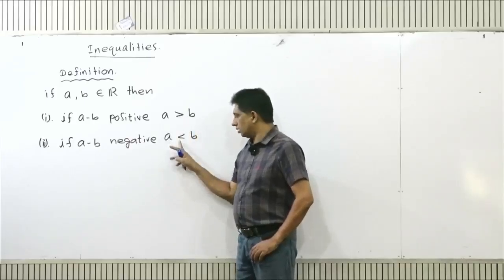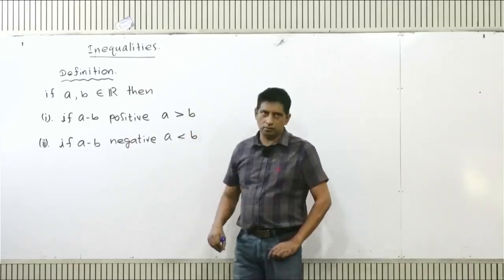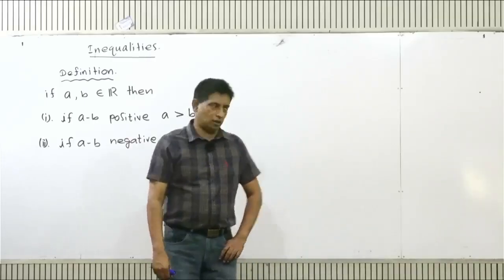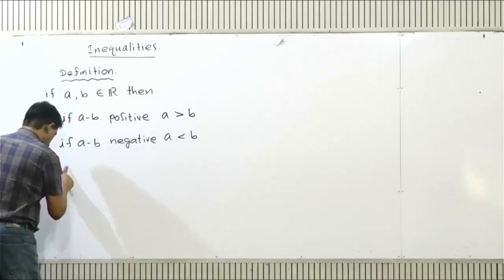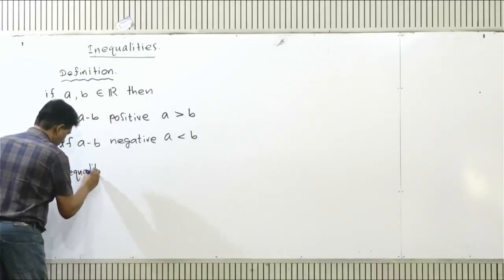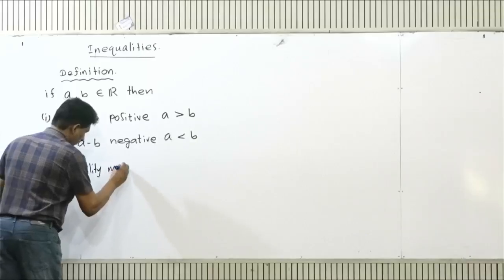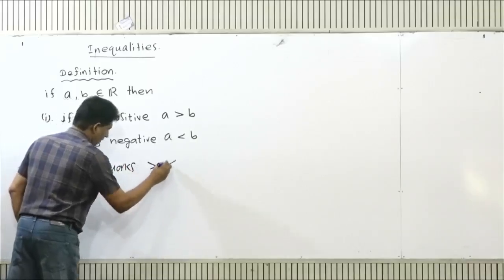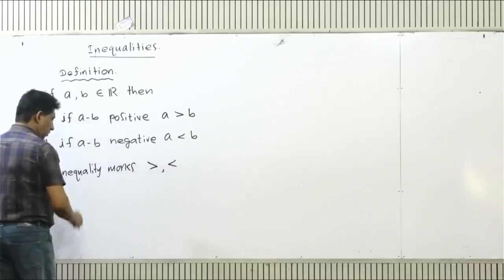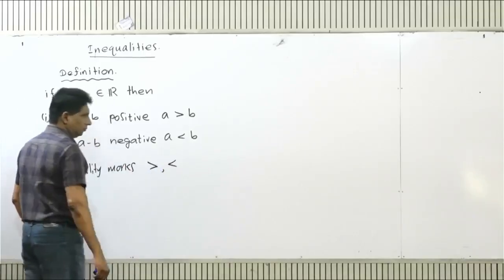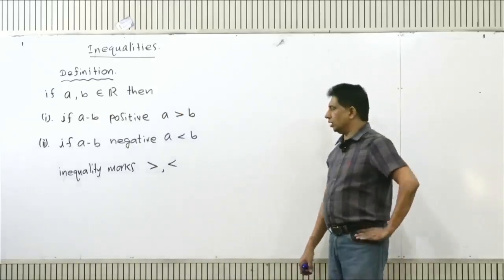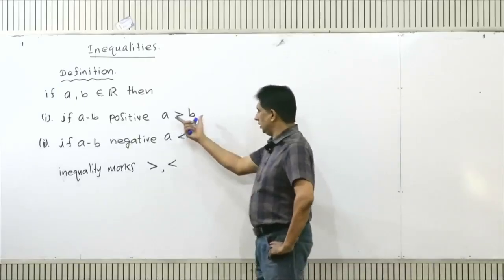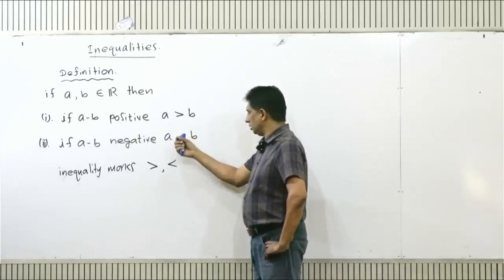This one and this one are called inequality marks. So there are two inequality marks, right? Then there is a special thing. When we read this inequality, we have to read it this way.